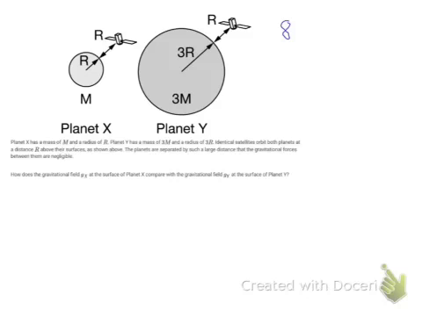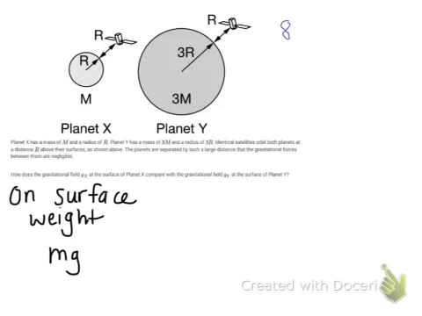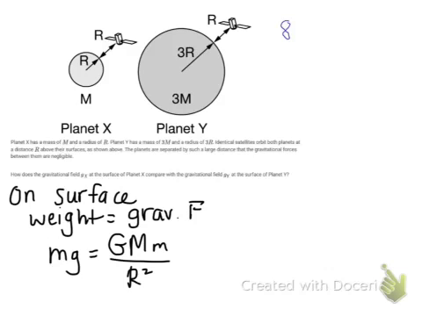Same scenario, different problem. This is question 8. So planet X and Y, now we want to know how does the gravitational field on X compare to that of Y. So on the surface, we can set the weight, mg, equal to the gravitational force, which is that big universal gravitation formula.